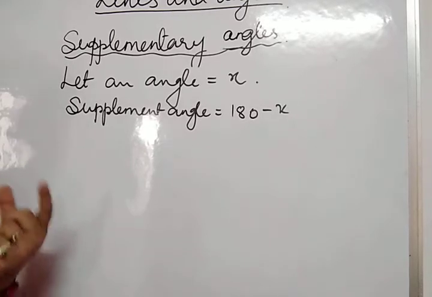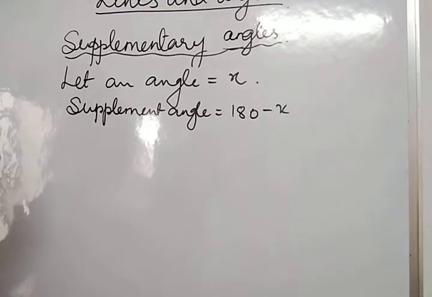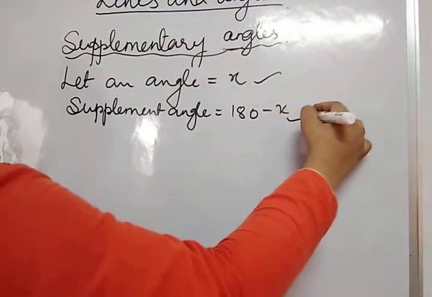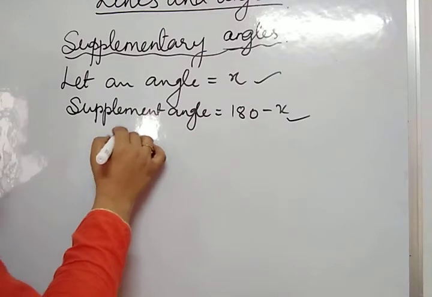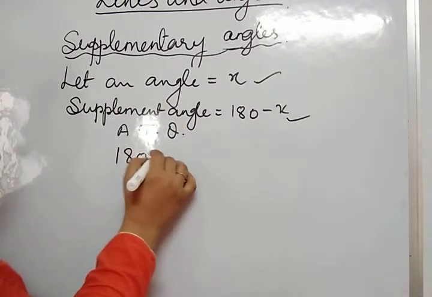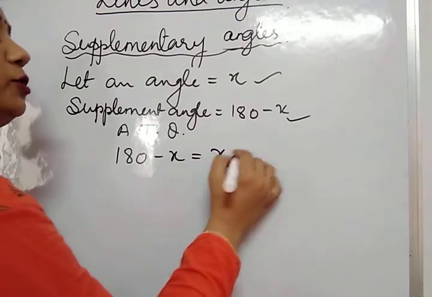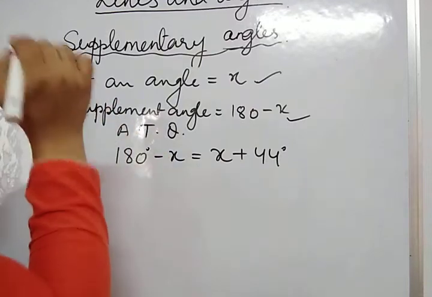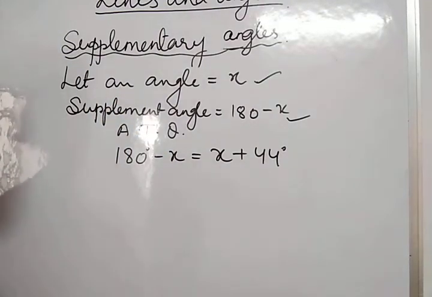But it is given in the question that the larger angle is 44 degree greater than the smaller angle. So if we choose that x is the smaller number and 180 minus x is the greater number, then according to the question, 180 minus x is equal to x plus 44, because it is given in the question.